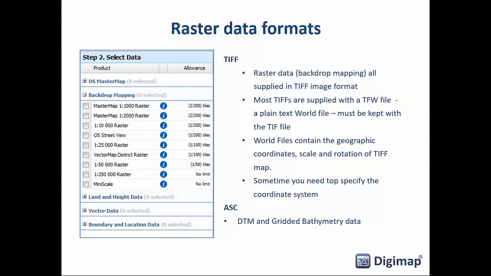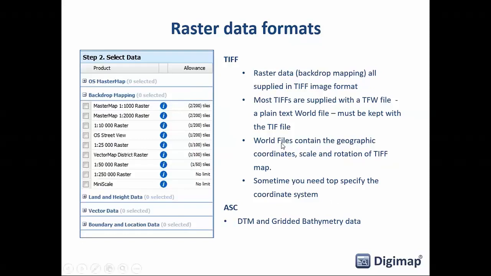With some raster data, as I've said, TIFF is your go-to format, or ASC for DTM and gridded bathymetry data. TIFF is a very standard format that comes for backdrop mapping, for aerial imagery, and for different types of raster.